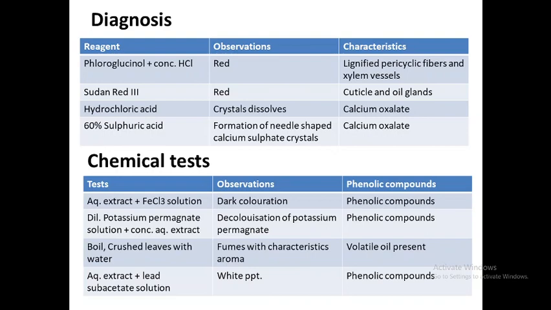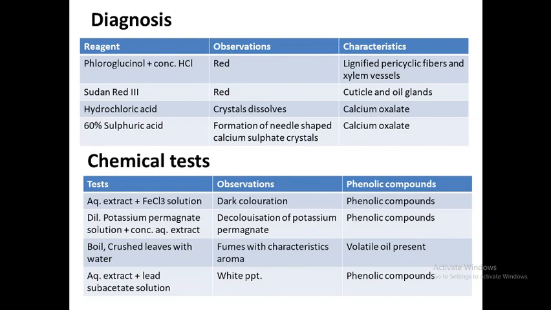So in presence of phloroglucinol and concentrated HCl, these eucalyptus xylem vessels shows the red color. In presence of Sudan red, the cuticle and volatile oil glands shows the red color. In presence of hydrochloric acid, the calcium oxalate crystal get dissolved. So this is again diagnostic test.